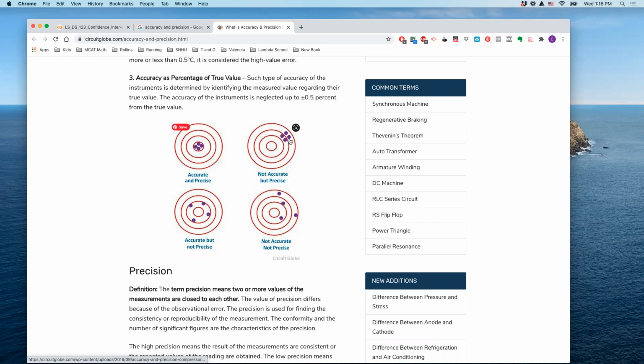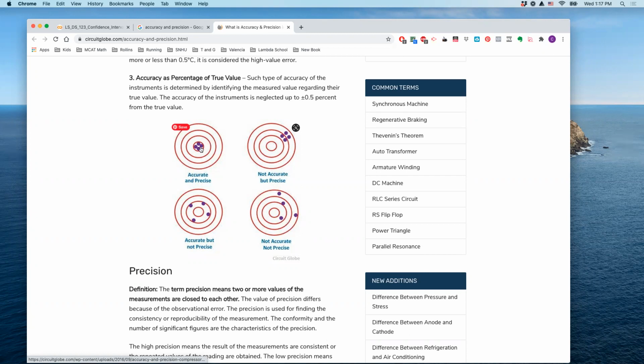Here, my shots are very close together, but it's in the wrong place. Here, I'm basically in the right place, but my range is all spread out. And then here, I'm not accurate or precise. That means I'm all over the place and in the wrong place too. So we want accurate and precise.